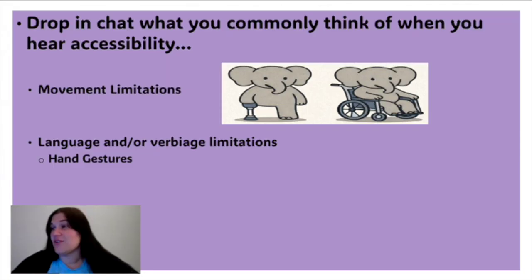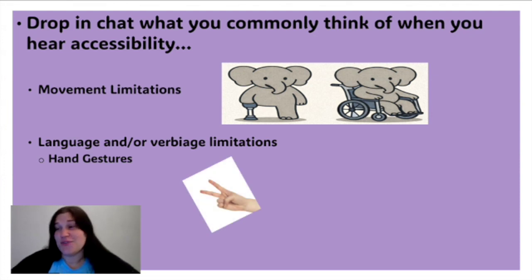Some of those are language and/or verbiage. So hand gestures can be an interesting topic to talk about with accessibility. The peace sign, for example, here in the United States is pretty casual. We see it in photos.